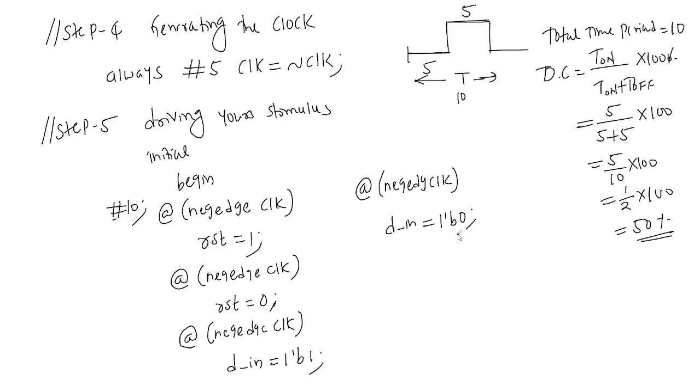I'm giving the inputs like these stimulus. So I'm giving the inputs to the design through the test bench, and the design will process and give the output to the test bench. Okay, and next end. Okay, end and end module.